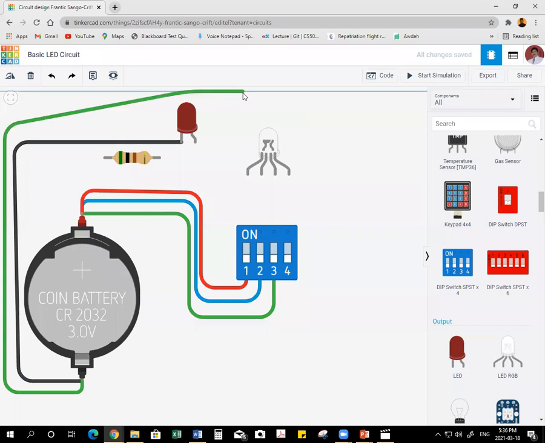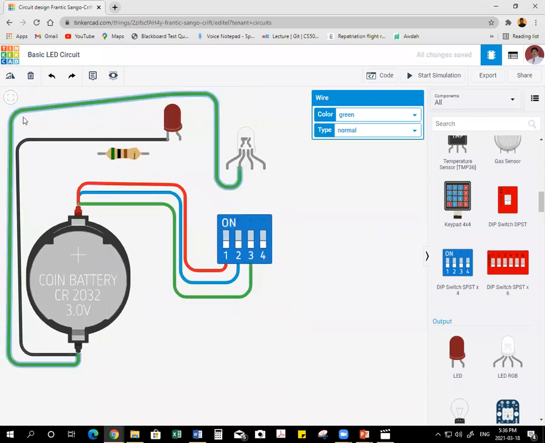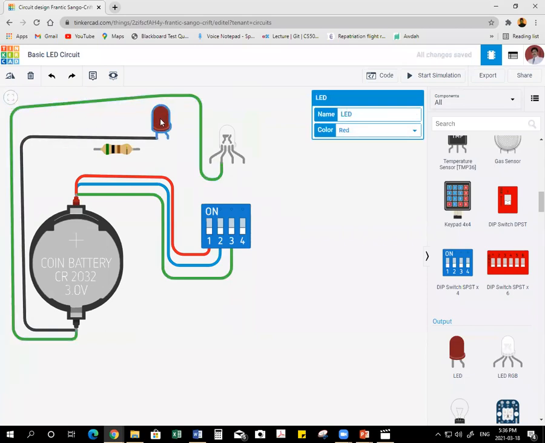Okay, from the top I will take from here. This is the cathode, be careful. This is the cathode, and okay, no problem.